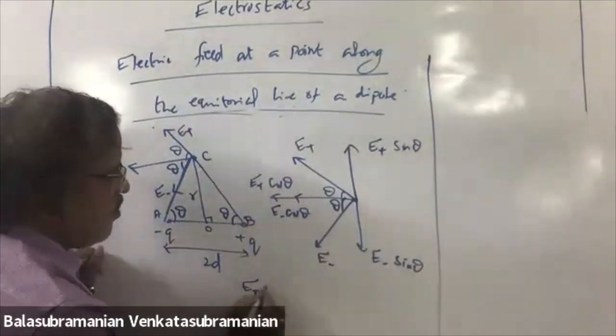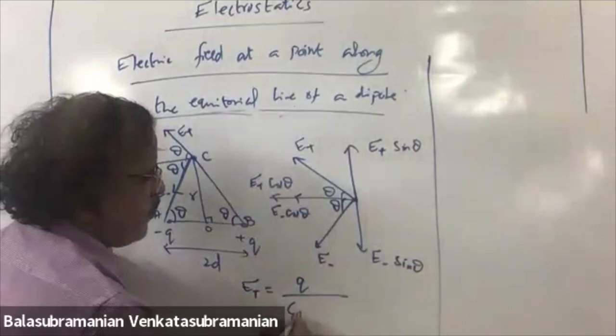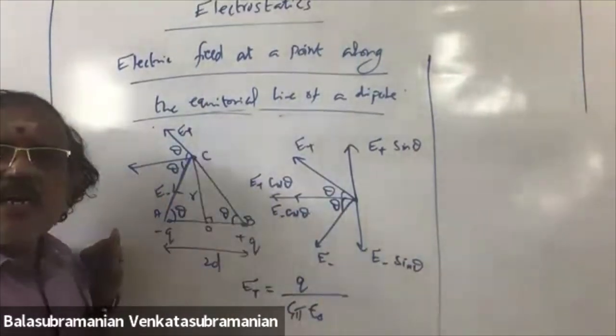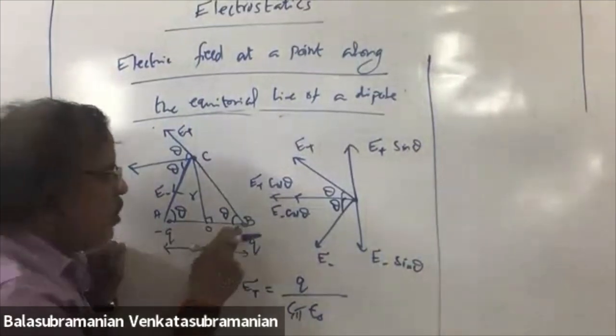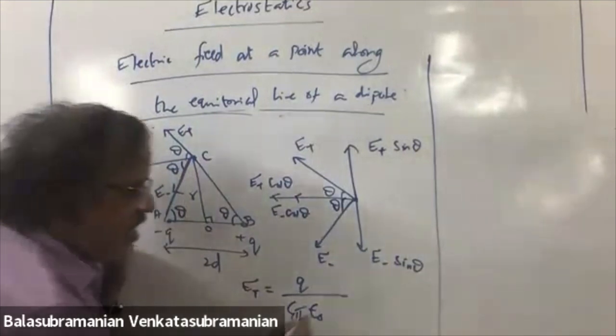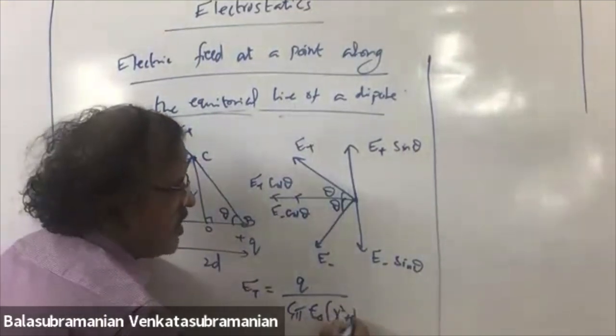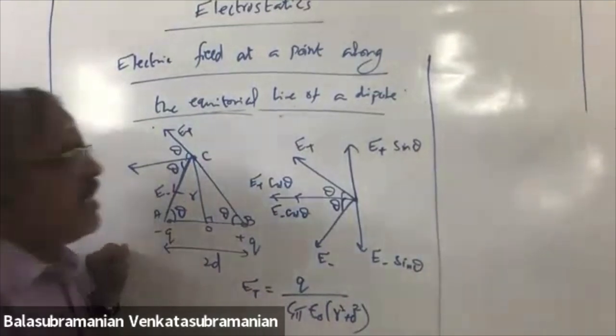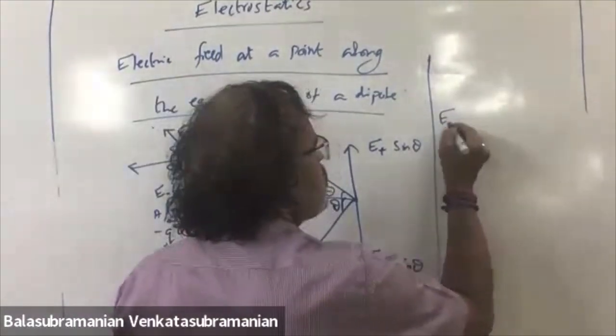E plus, what is the value? Q by 4 pi epsilon naught BC square. What is BC square? BO square plus OC square. That is R square plus D square using Pythagoras theorem. E minus I will write there. Right.